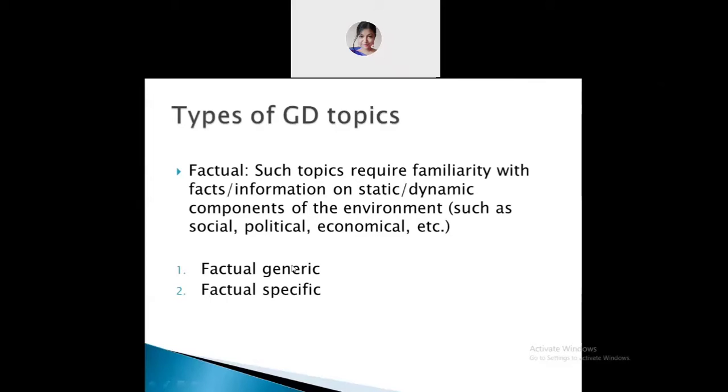It can be related to politics, society, the entertainment industry, crime, the economy, to anything and everything that is real. Is it clear, students? I will also provide some examples so that it's clear to you. But is the concept of factual topic clear?